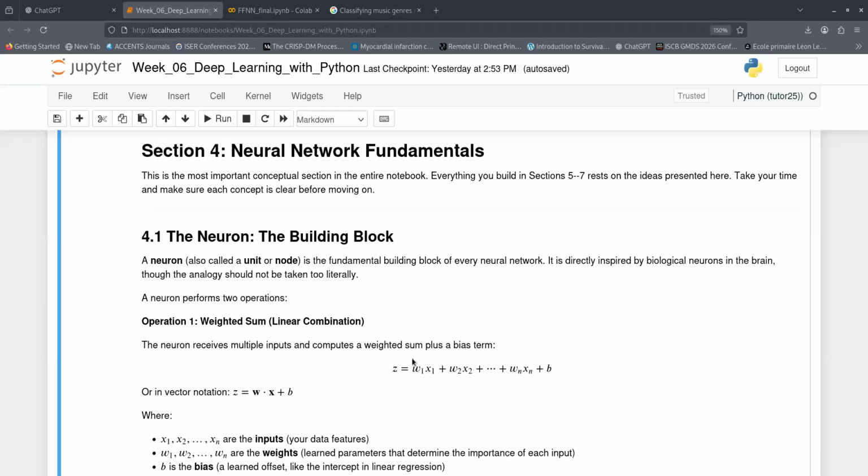I'll give an example. Maybe I've seen an image, and for me to determine if this image is a dog, I have multiple operations to do in my brain. Maybe I can look at the nose of the image and say this is the type of nose related to a dog.